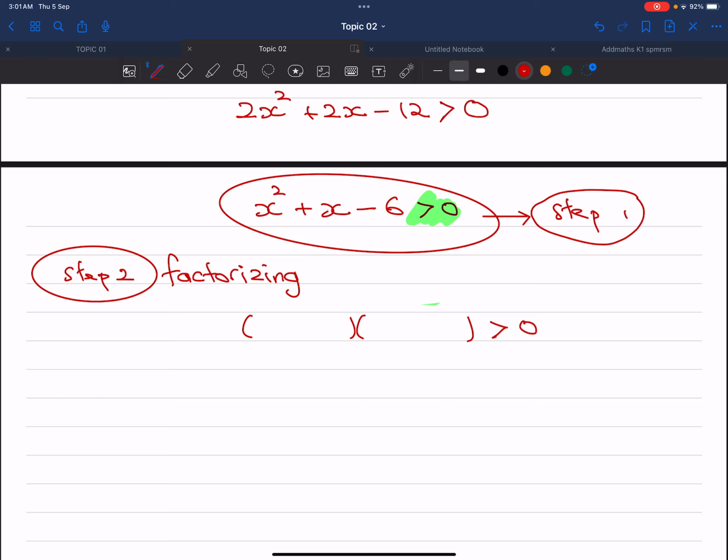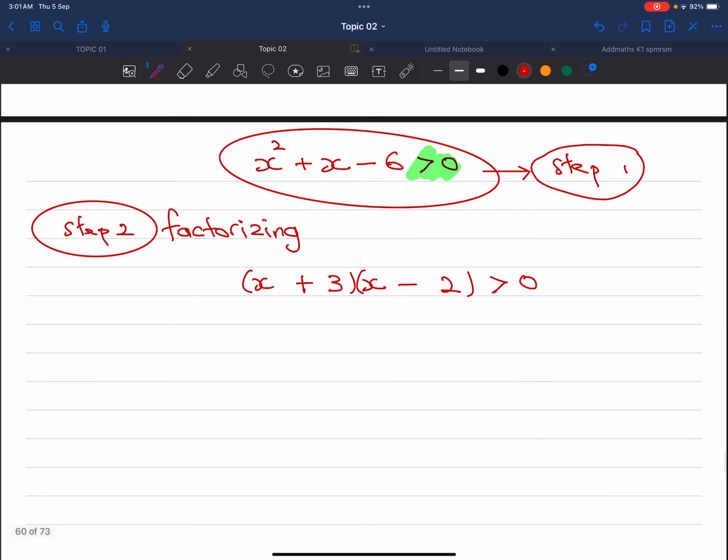X squared, I break up into x and x. 6, I break up into 3 and 2, or 2 and 3 also can. Now, I must get positive 1x, which means the 3 I must put positive and the 2 I must put negative. You can factorize it using calculator. Step 2, we have completed.